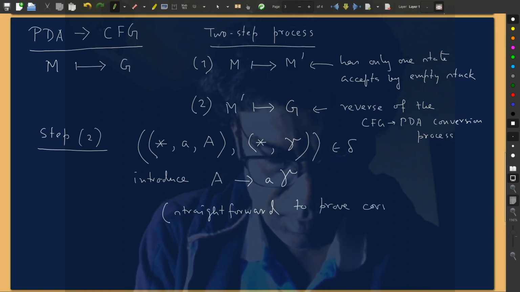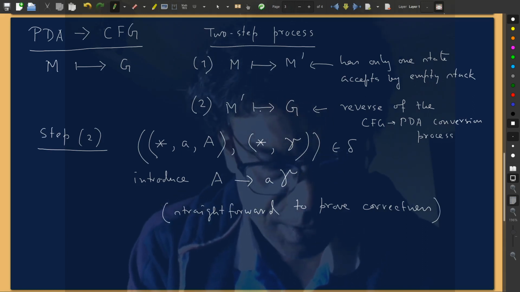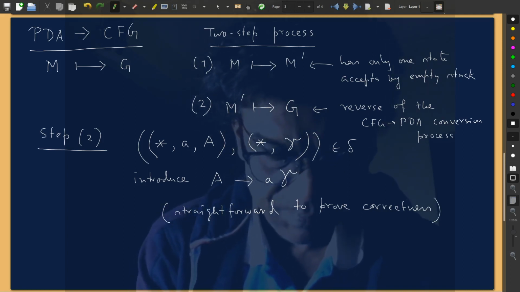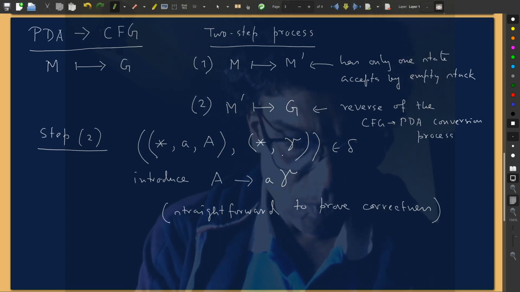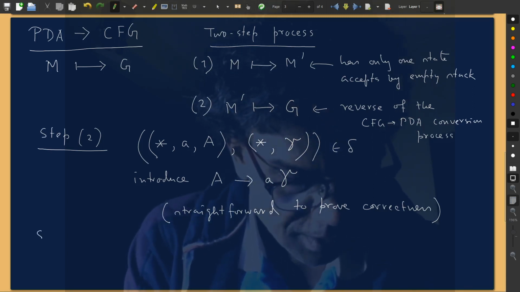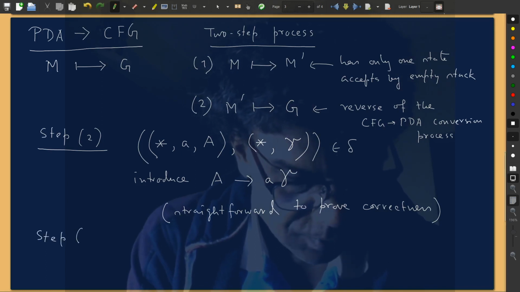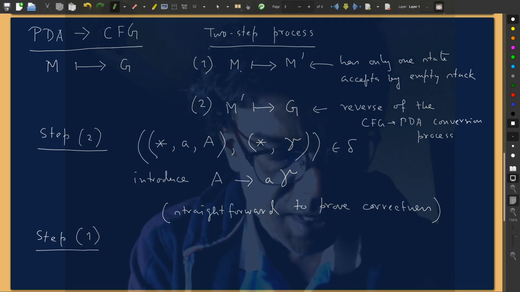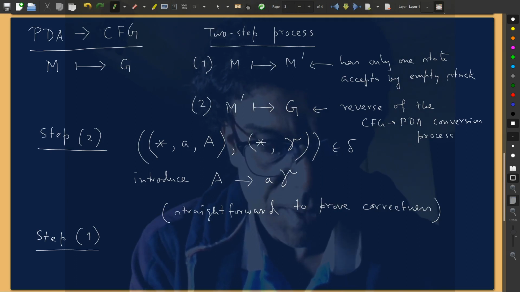It is also straightforward to prove the correctness of this procedure. But I have assumed that this M prime has a single state and it accepts by emptying its stack. Okay. So the question is, is such a machine M prime general enough? Okay. So that now leads us to this question: how to convert an arbitrary M to an M prime which has only one state and which accepts by empty stack?